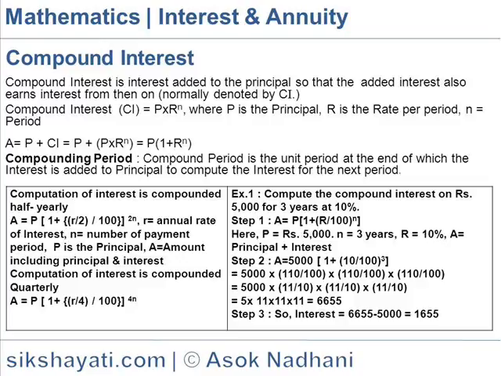Compounding period. The compounding period is the unit period at the end of which the interest is added to the principal to compute the interest for the next period. In compound interest, the amount yielded, that is principal plus interest, becomes the principal for the next period. So the computation of compound interest depends on the period interval, that is the compounding period.